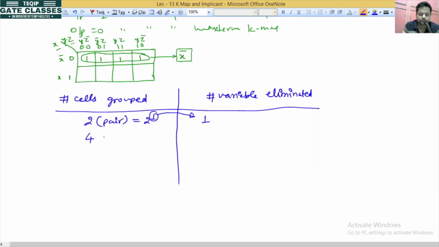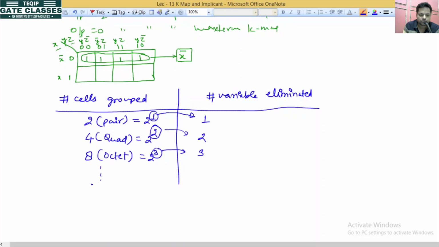Because it is always in powers of 2, if it is 4, then it is known as a quad. We can write it as 2 to the power 2. So how many variables are going to be eliminated? 2 variables. If you group 8 cells, it is known as an octet. So 2 to the power 3. How many variables are going to be eliminated? 3.